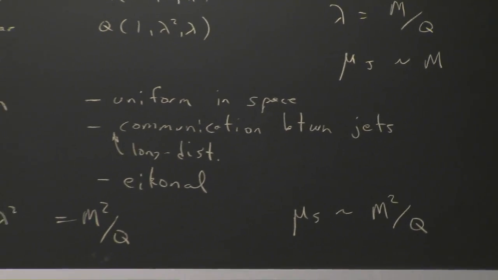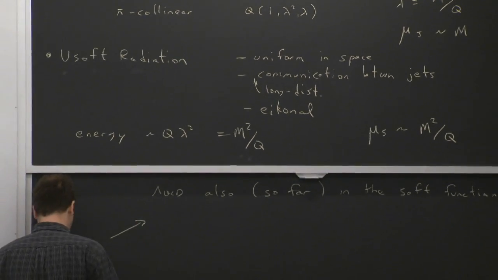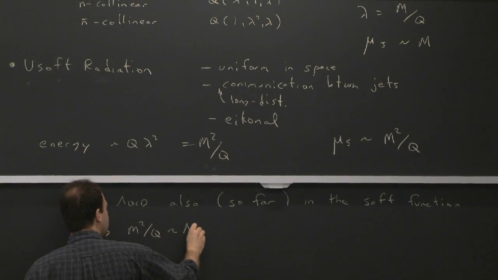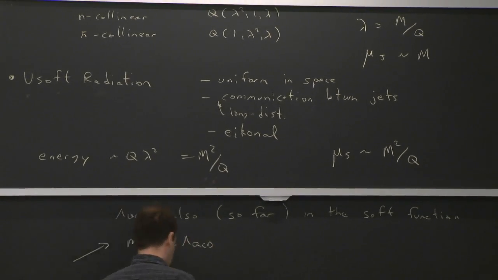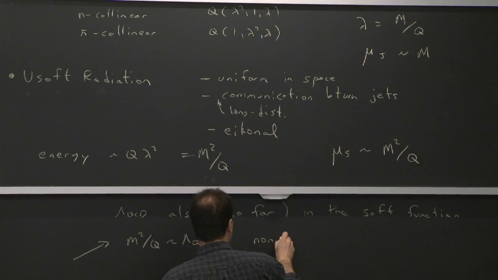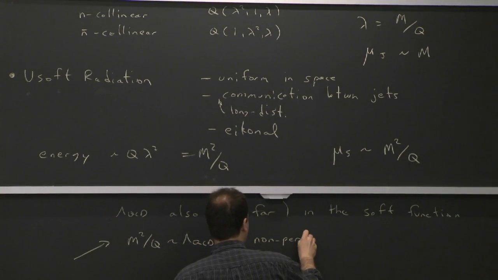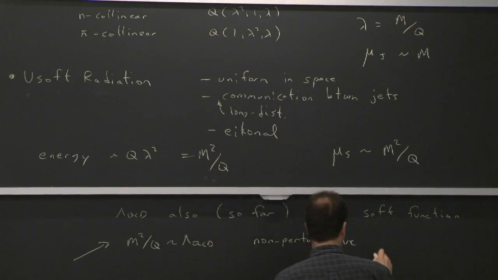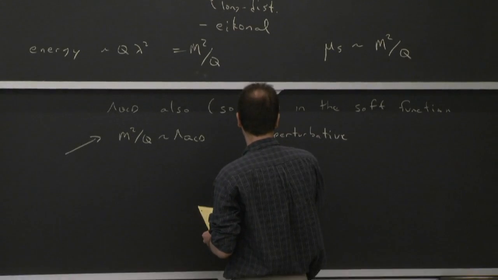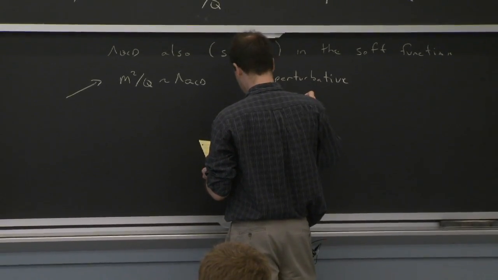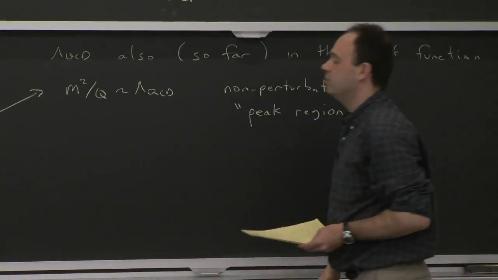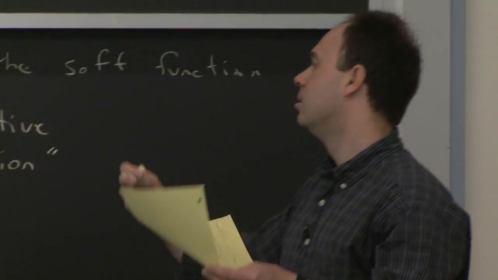Now, there are two possibilities here. You could have m squared over q of order lambda QCD, and that means that this scale is non-perturbative. This is what's called, for reasons that will become apparent by the end of lecture, the peak region, because this is actually the region of the cross-section where there's a peak.